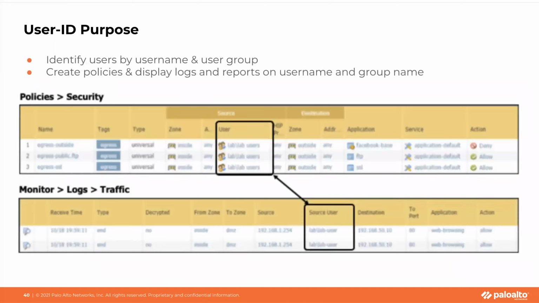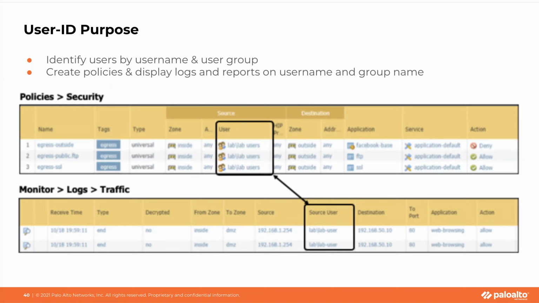The increasingly dynamic nature of users and applications means that IP addresses alone have become less effective as a mechanism for monitoring and controlling user activity. User-ID technology identifies the user on the network, and the IP address of the computer the user logs into.